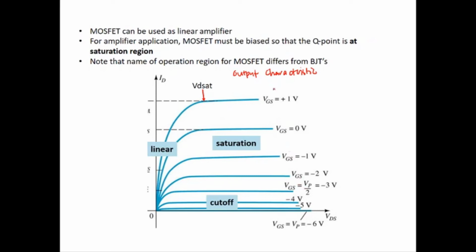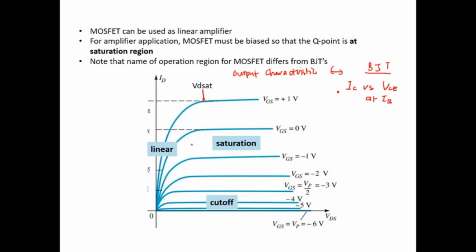If you see, this output characteristic is very similar to the characteristic of the BJT. In the BJT you have the graph of IC versus VCE at fixed IB. The graph is similar, but the naming of the operation regions is different.